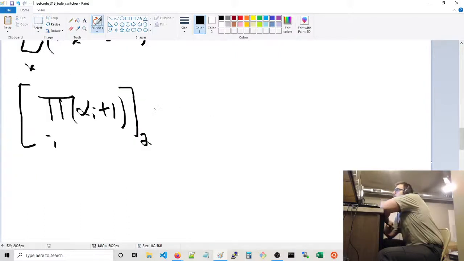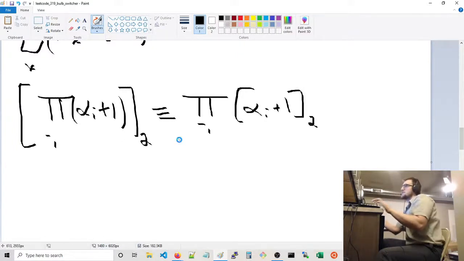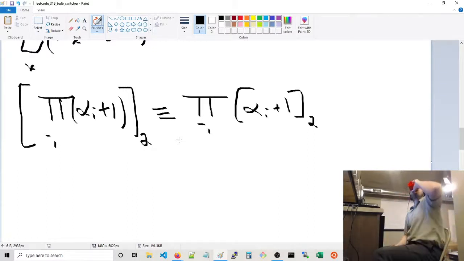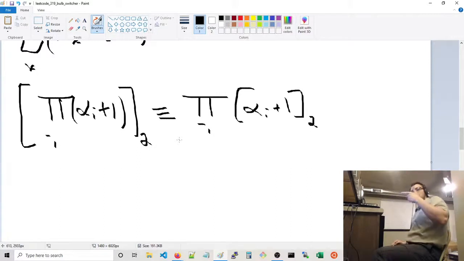That actually ends up being each of these mod 2. Which means actually a change in any of these prime numbers will toggle your value.